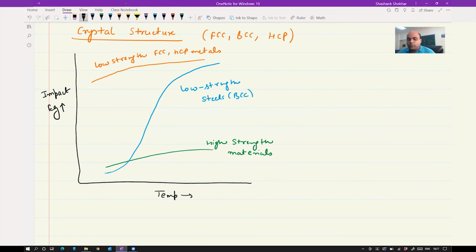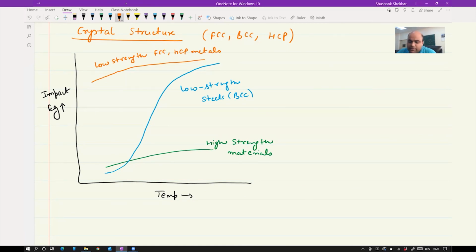Okay, so you can observe either of these 3 plots. The red one corresponds to FCC and HCP, low strength material. There you are going to see that there is, as such, no transition temperature, and the decrease in impact energy is not very significant. Okay, high strength materials by nature are brittle, mostly brittle.